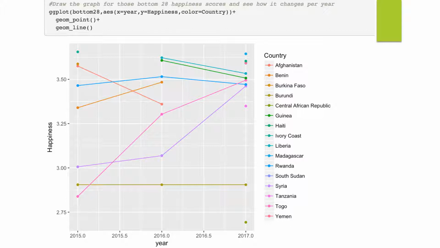This one is for the bottom 28 happy score countries. Some of them are increasing, some decreasing, and some have no change. Actually, the time series graphs don't help so much.